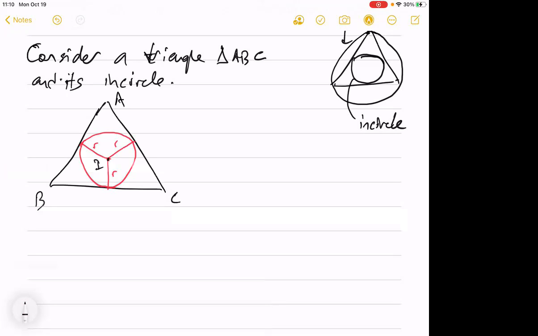I call these tangent points X, Y, and Z, so they're perpendicular like this. So this side is the same as that side. BZ is equal to BX, which I called Y, and AY is equal to AZ by the same reason.